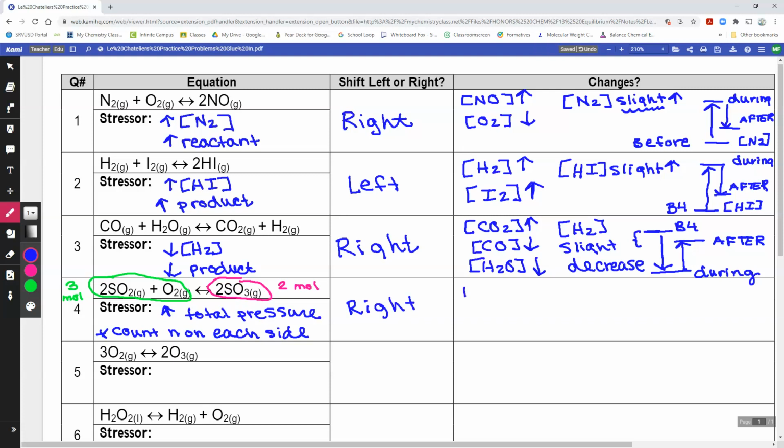Now, let's think about how the number of moles changed. Well, if I proceed to the right and I start combining some of these together to make this over here, the number of moles decreased, didn't it?